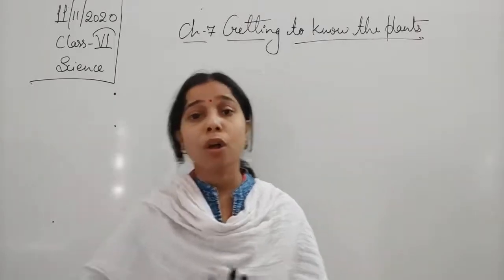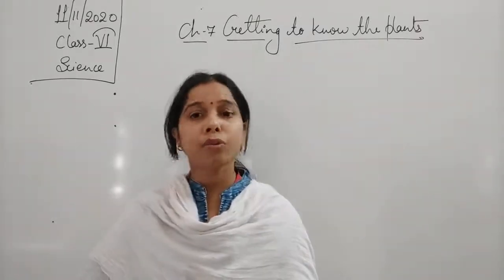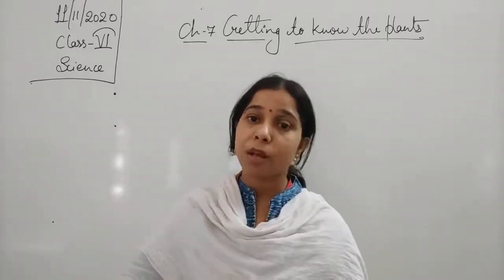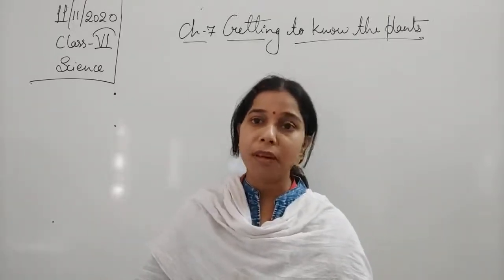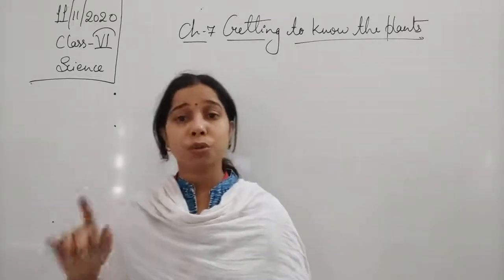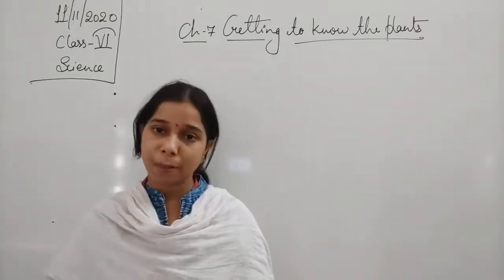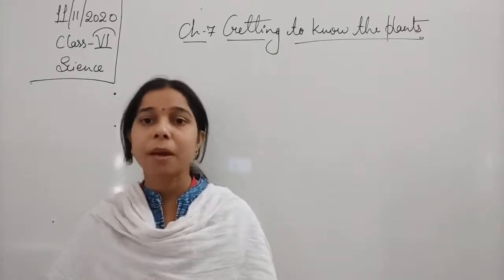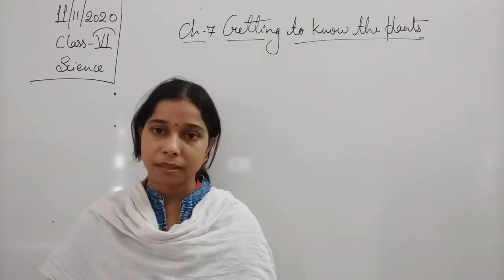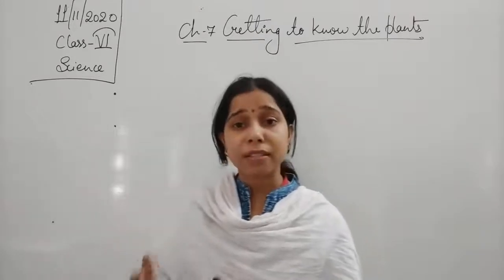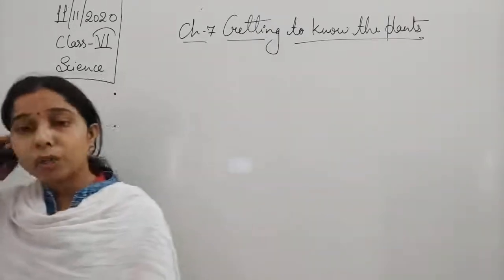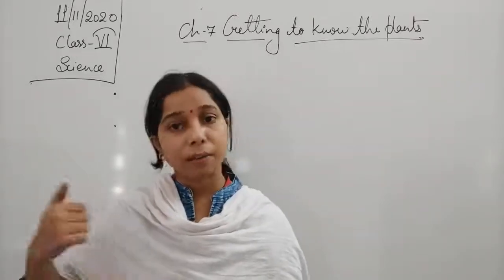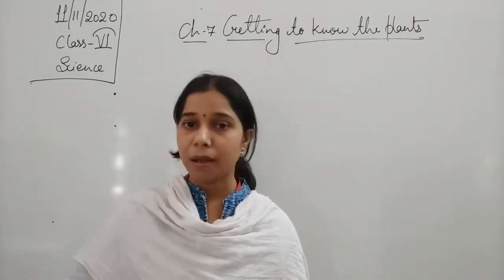First of all, the root absorbs the water, and now it is the turn of the stem to carry the water and minerals from the roots to the leaves, so that the preparation of food can take place easily in the leaves by the process of photosynthesis. So this is the first function. Although we had discussed that it helps in keeping the plant upright, erect.